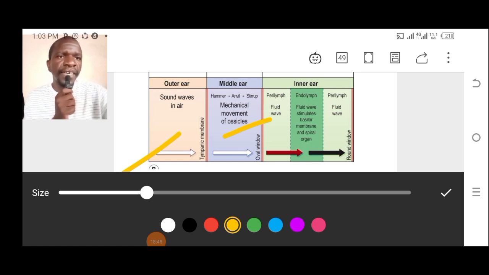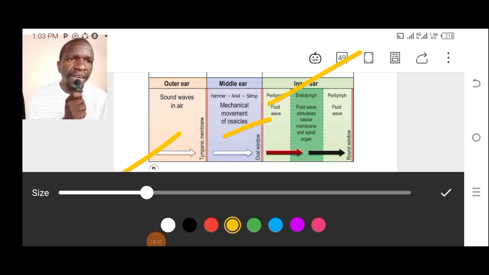So in the inner ear, the perilymph is found in the scala vestibuli and the scala tympani, right? So now the pressure which is going to be generated in the perilymph of the scala vestibuli and the scala tympani is going to be transmitted to the cochlear duct, right?